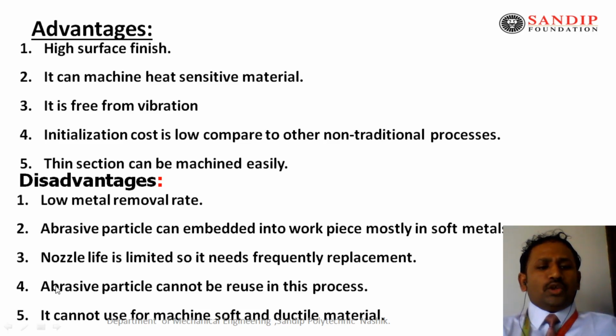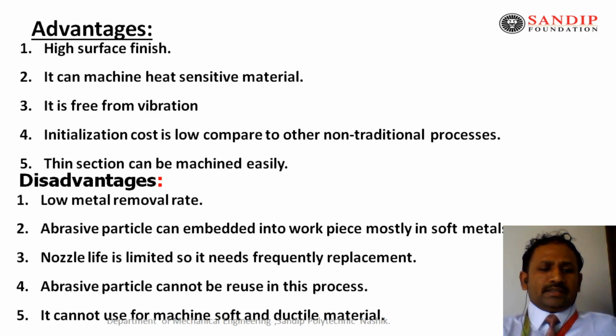Then abrasive particles cannot be reused in these processes. After operation, the abrasive material gets defective, not at the actual quality of the abrasive material, so you cannot reuse that abrasive for other processes.